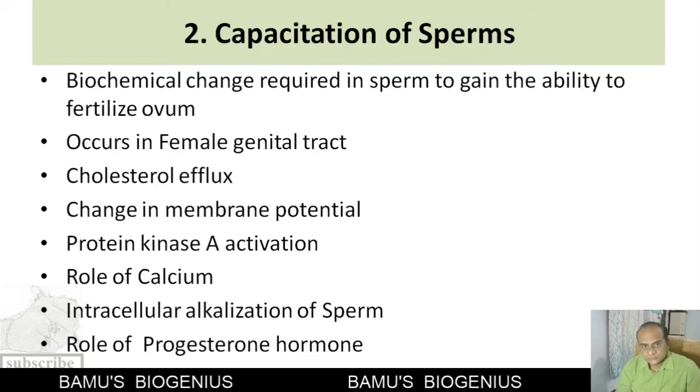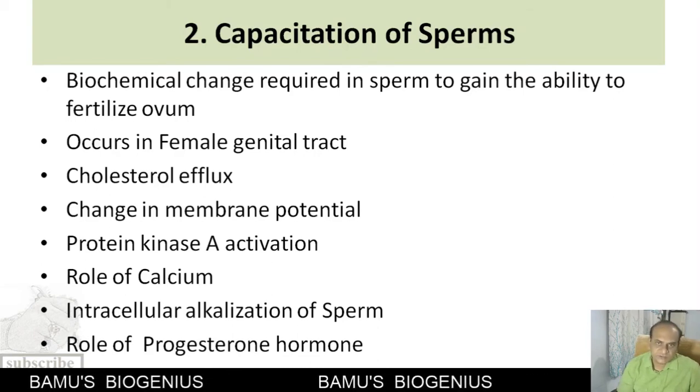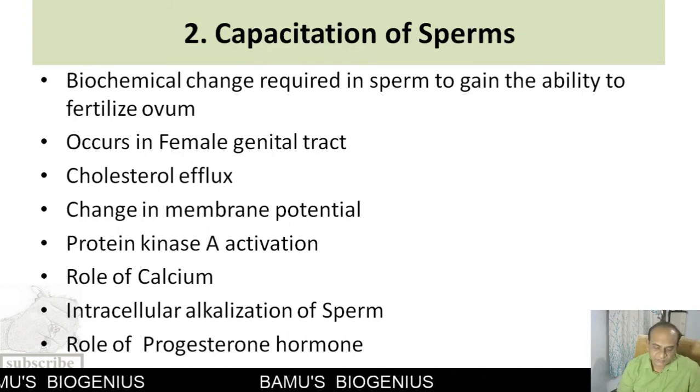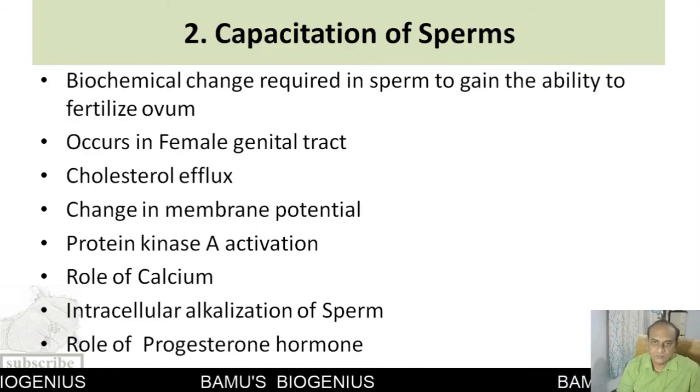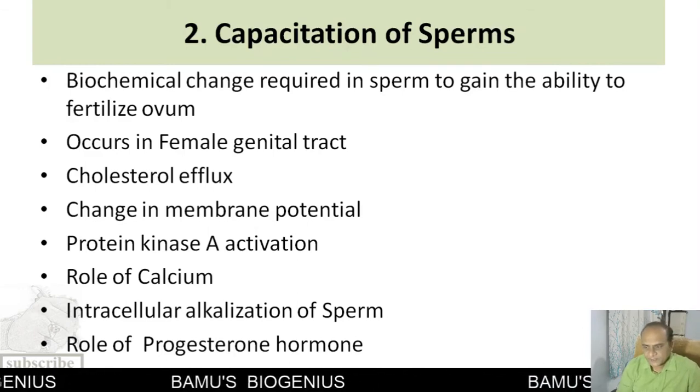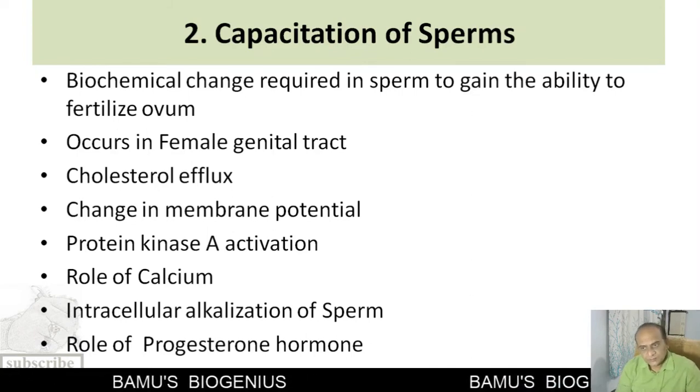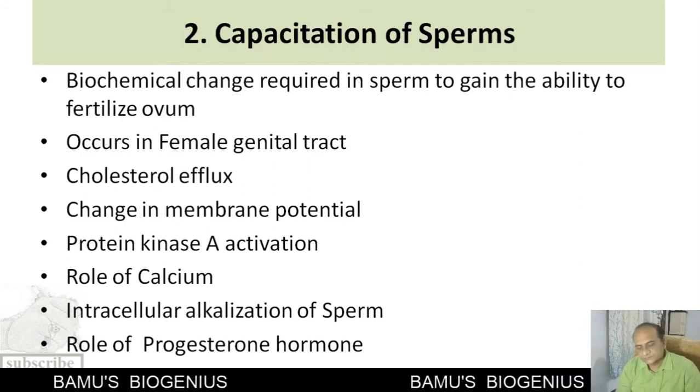Now see, the first biochemical change that takes place inside the sperm when the sperms are placed in a female genital tract is the cholesterol efflux. Efflux means the removal of cholesterol from the sperm plasma membrane.